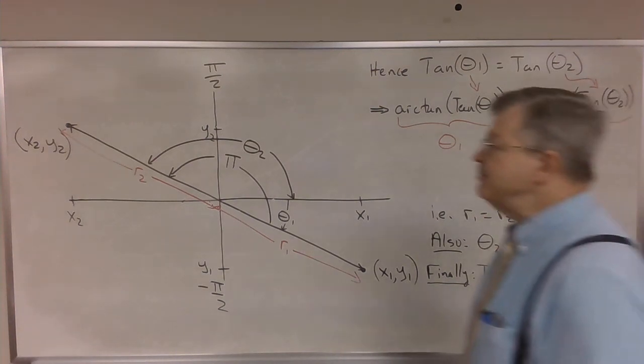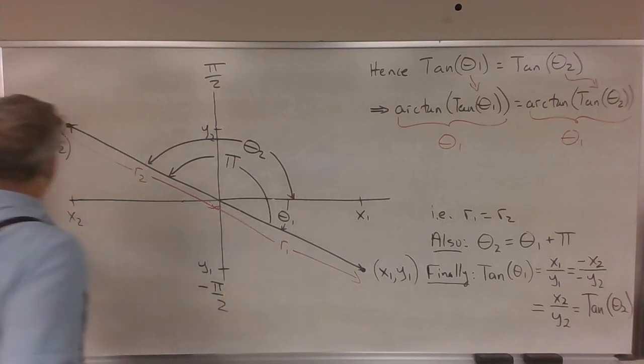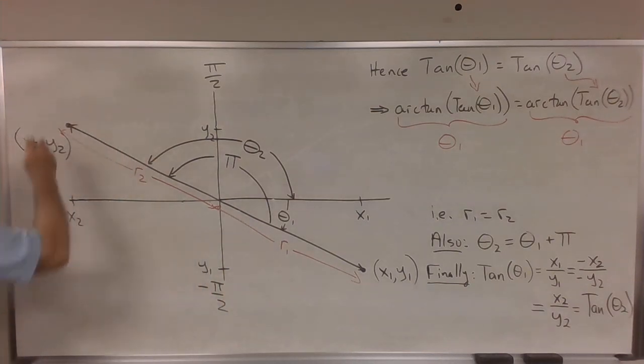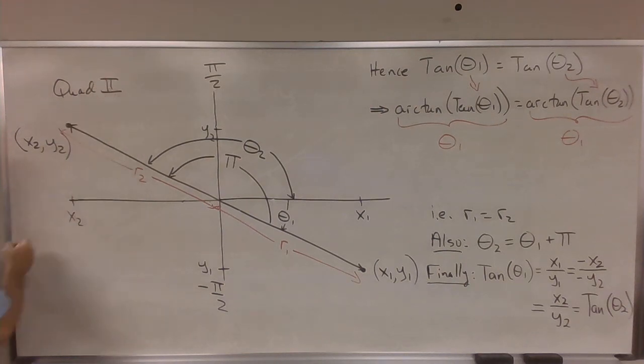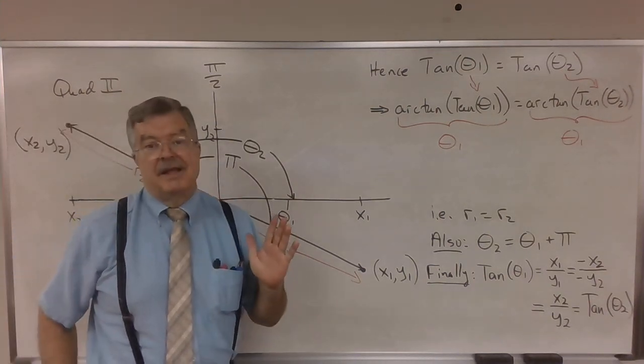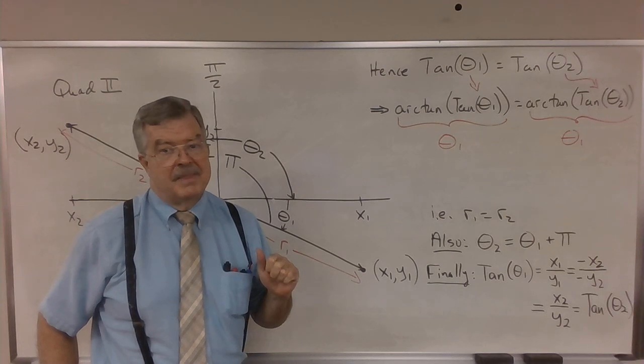So if we have a point in quadrant 2, and we try to compute theta using the arctangent, we're not going to get the correct angle.